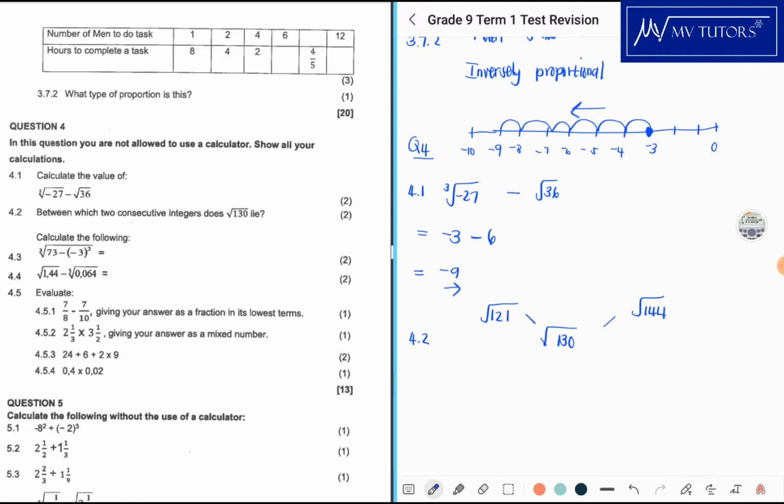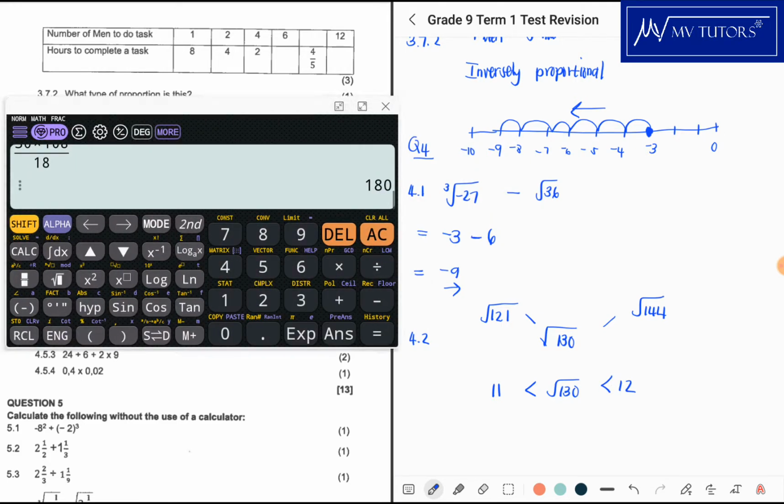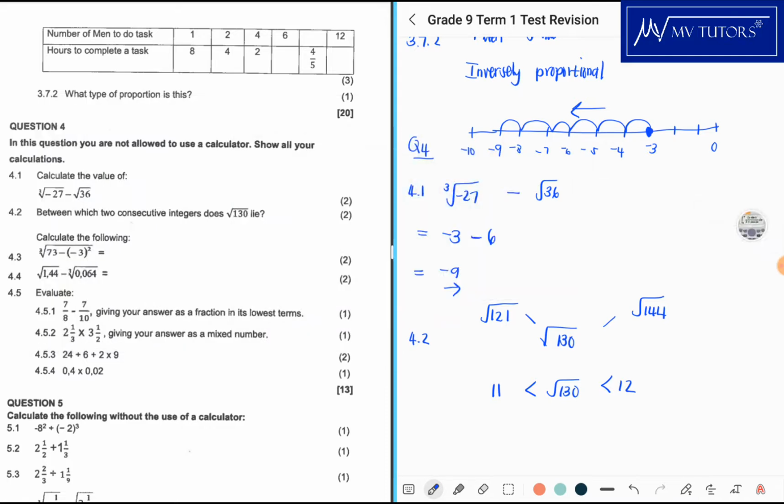If you know all your square roots, you know that 11 squared is 121, 12 squared is 144. So between which two consecutive integers does 130 lie? It lies between 11 and 12. And we can check with the calculator. They said don't use the calculator for calculating, but you can always use a calculator to check your answer. So square root of 130, what is that? 11,4. And 11,4 is definitely in between the integers 11 and 12.